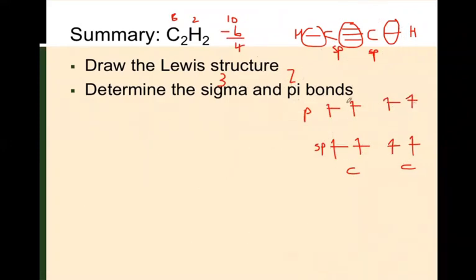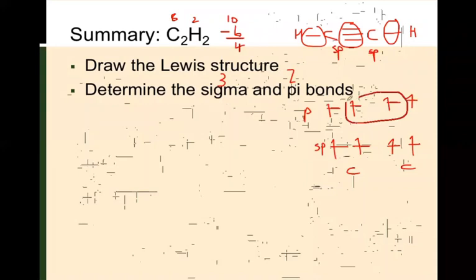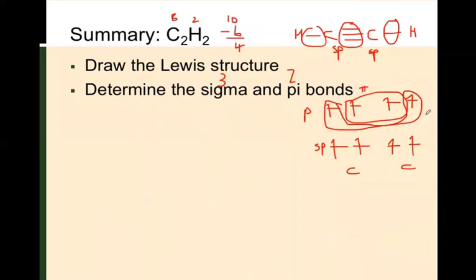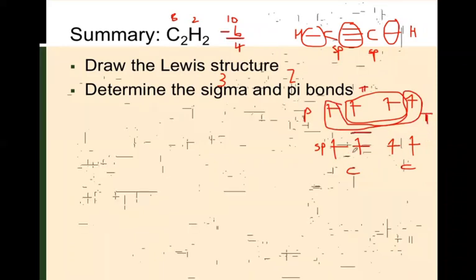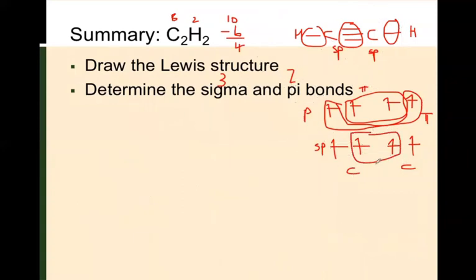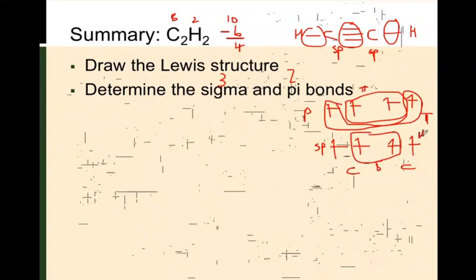So then we can, for example, combine these 2 to form 1 pi bond. And then we can combine these 2 to form the other pi bond. And then, for example, these 2 can form the sigma bond between the carbon and carbon. And then these can form the sigma bond with the hydrogens.